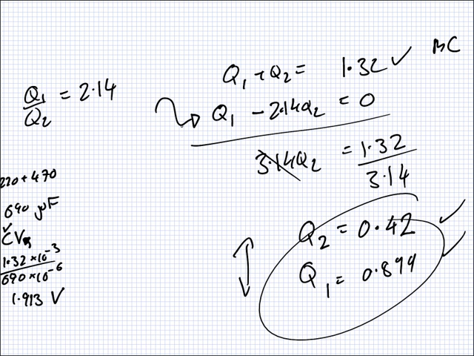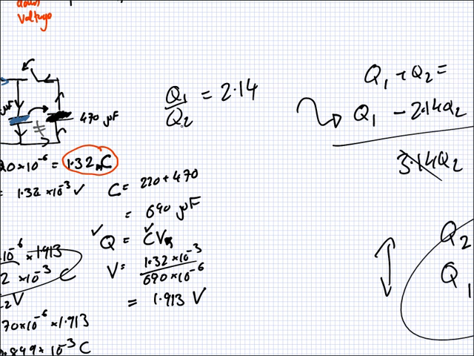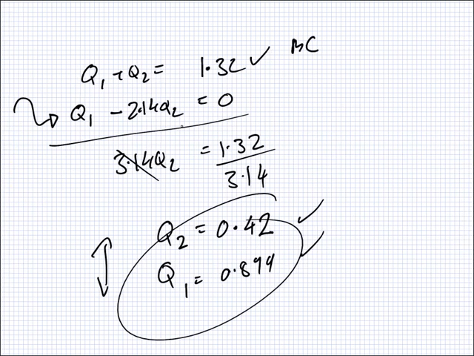Q2 over Q1 is 2.14. Oh yeah, sorry, I put the number the wrong way. The Q2 should be bigger than Q1. It's okay, that's fine.